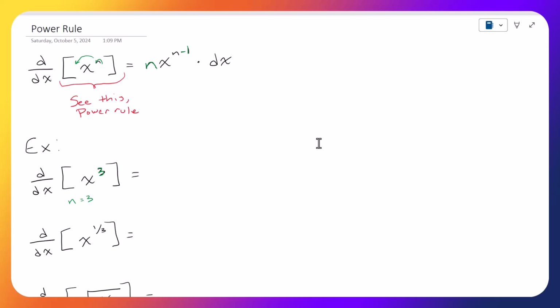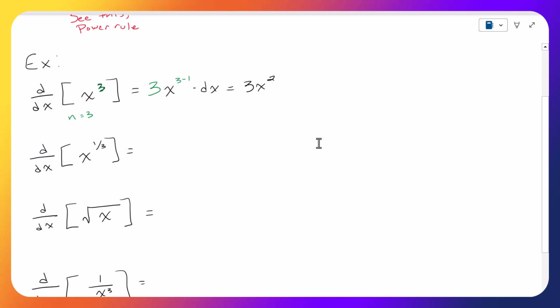We have 3 times x to the 3 minus 1 times dx. Well, that's just 3x squared, since 3 minus 1 is 2, and the derivative of x is just 1. So that dx goes away.